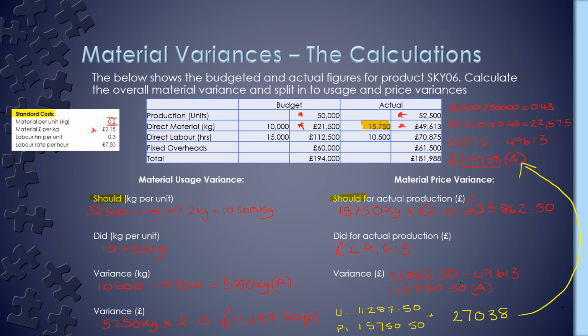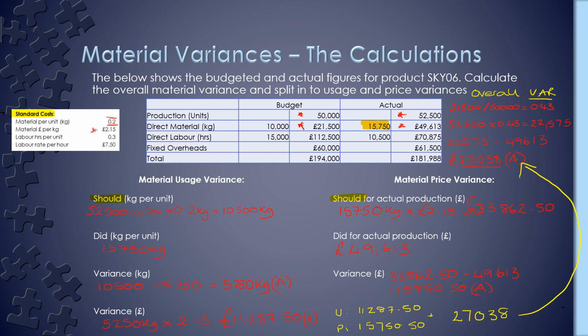So it's really important that you can see how this is made up. Just to recap, first of all, we worked out our actual overall material variance up here. So we knew we were expecting an overall variance of £27,038.